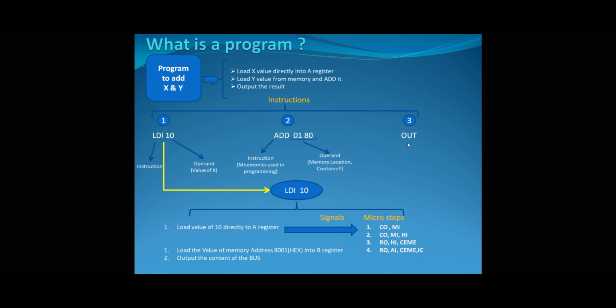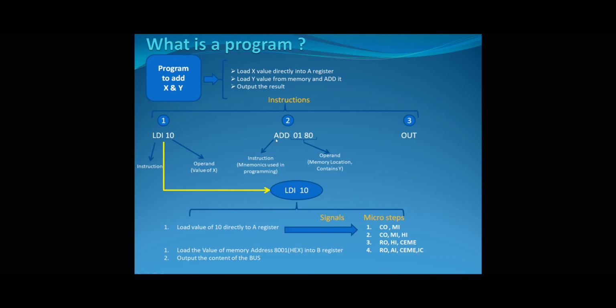And some of the instructions have no operand, like the output instruction, which just outputs the content of the bus to, let's say, our display. So depending on the instruction, the operand could be 1 byte, 2 bytes, or even no operand. Now, the instructions themselves, when we use them in programming, we normally call mnemonics.